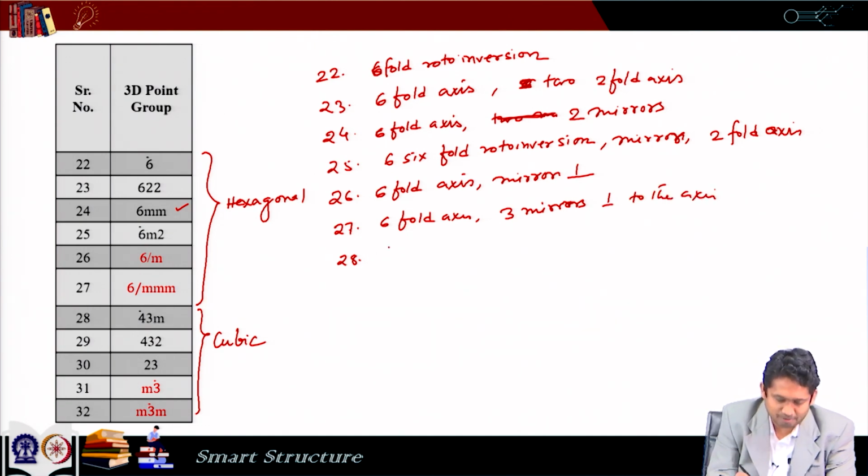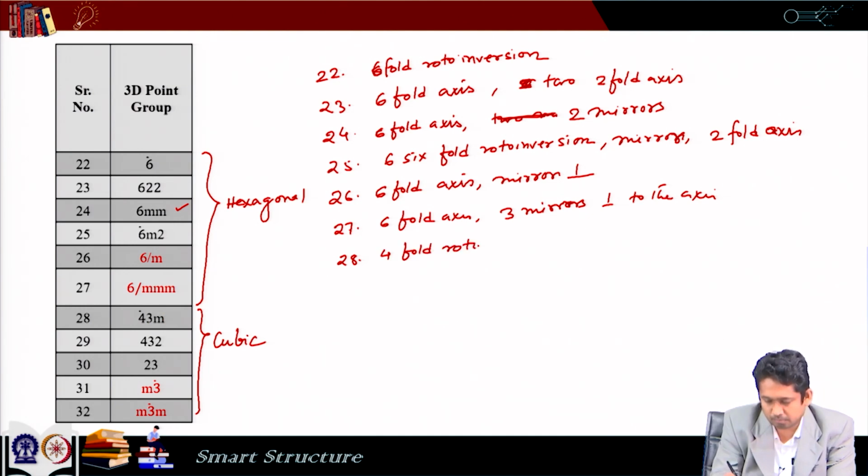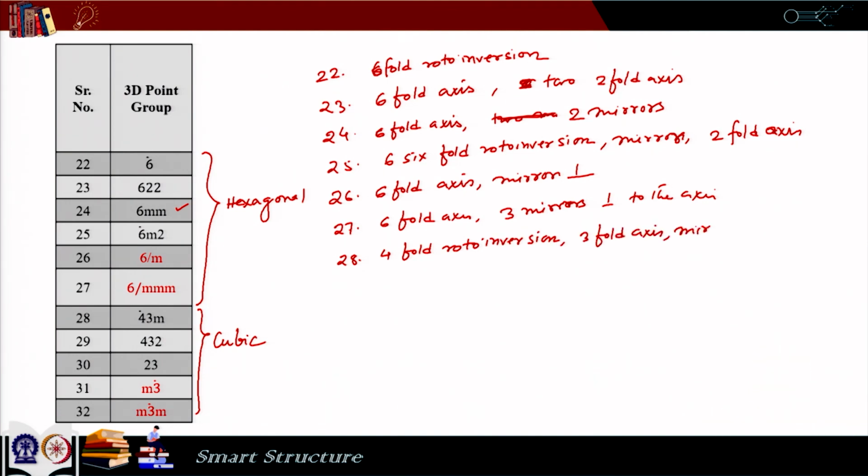And then we have 4 bar 3m, so it is a 4-fold roto inversion, then a 3-fold axis and a mirror.